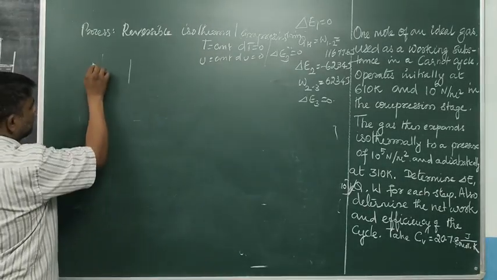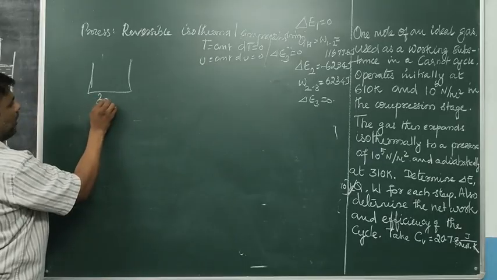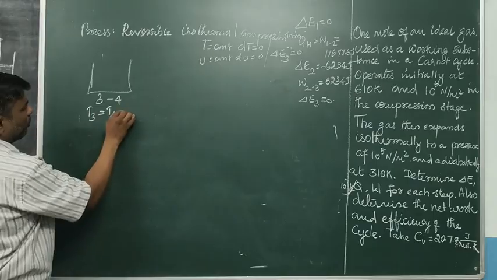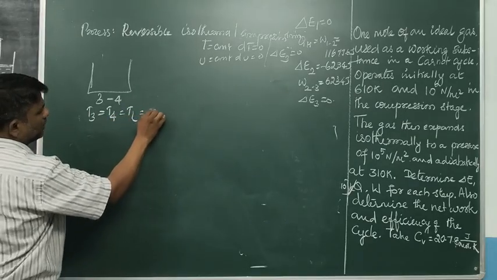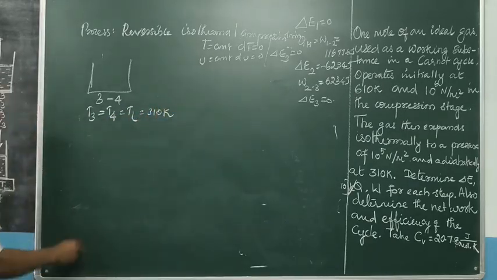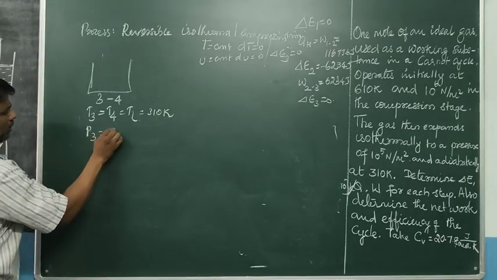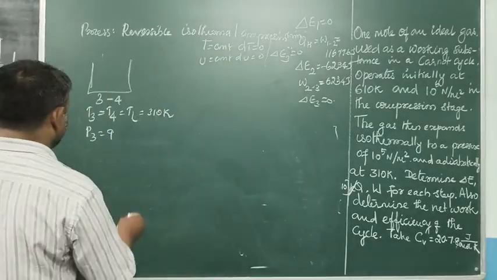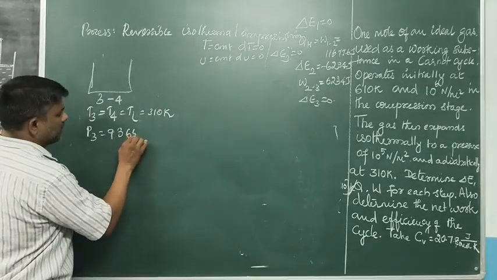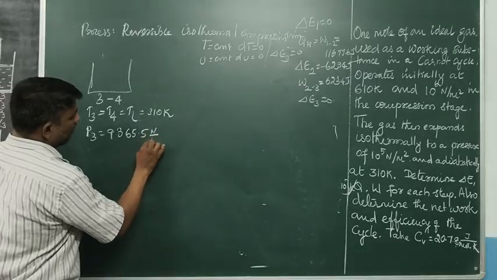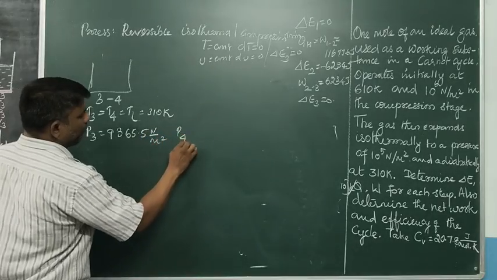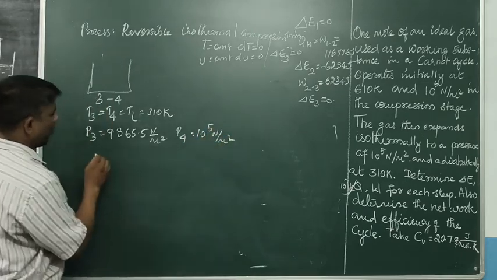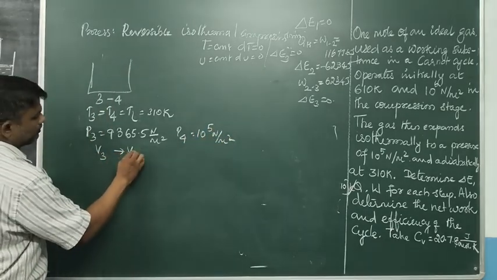This is process 3 to 4. So, T3 is equal to T4 is equal to TL is equal to 310 degree Kelvin, and P3 is equal to 9365.5 Newton per meter square, and P4 is equal to 10 to the power of 5 Newton per meter square. Volume V3 to V4.